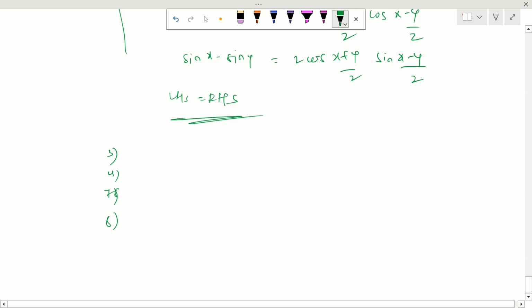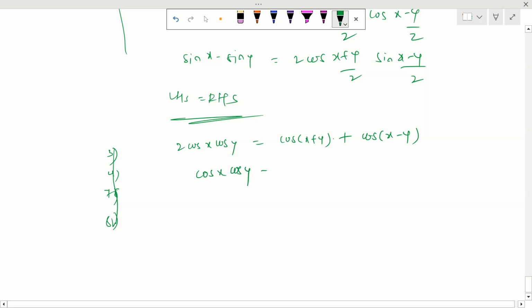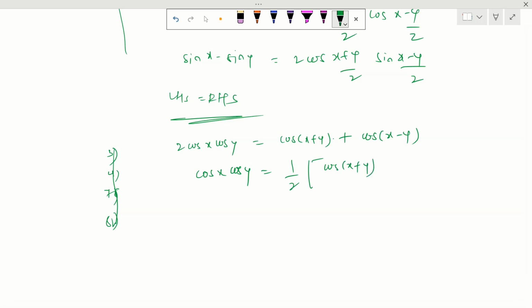In equation 3, when we add the formulas for cos of x plus y and cos of x minus y, we got 2 cos x cos y. So this can be written as cos x cos y equals 1 by 2 of cos of x plus y plus cos of x minus y.